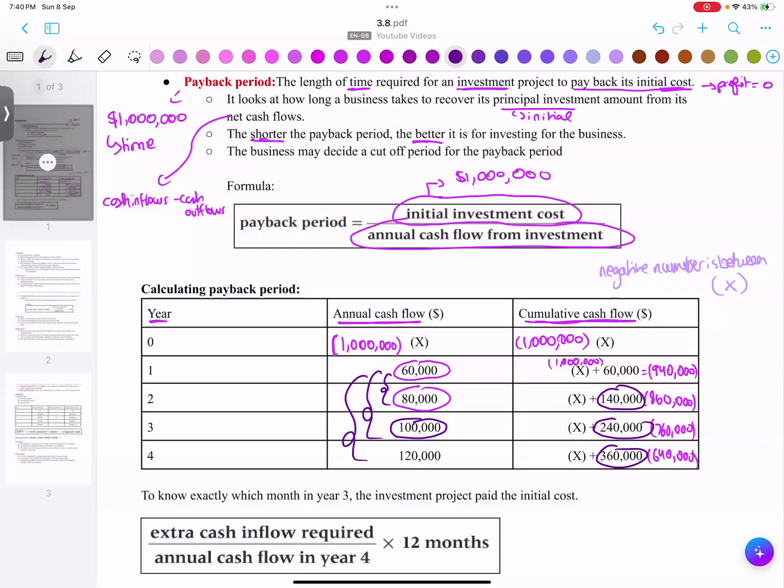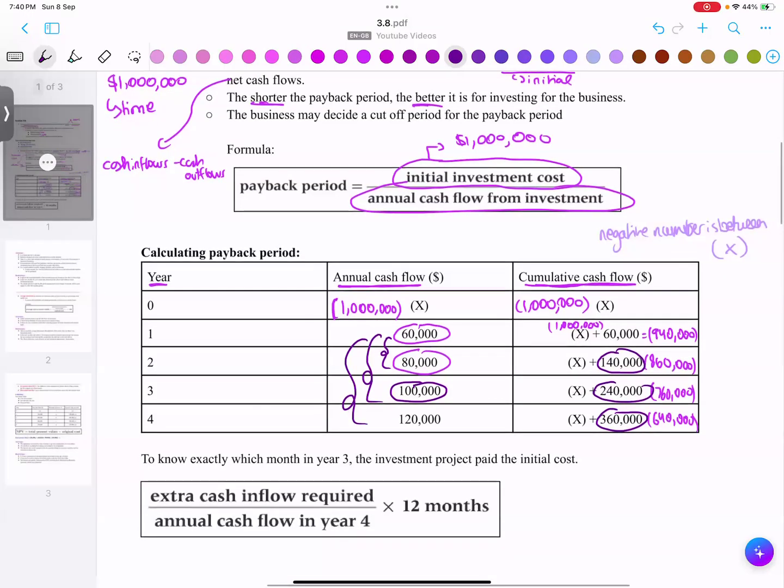So I really hope you got it. Now, in this case it didn't really pay back, but let's say it paid back. To know which month it paid back in, for example between year 3 and year 4, you divide the extra inflow required by the annual cash flow in year 4.